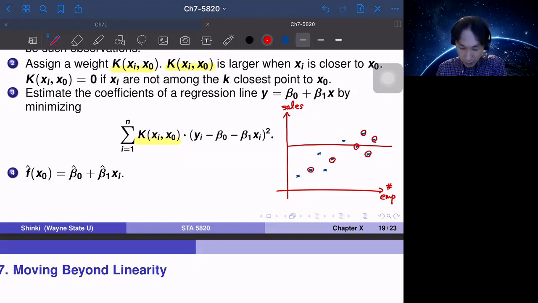So this is the observed average, the average sales of the companies which replied. So this is a problem if we just take the average.